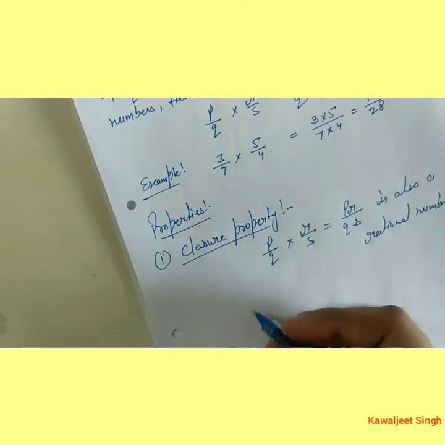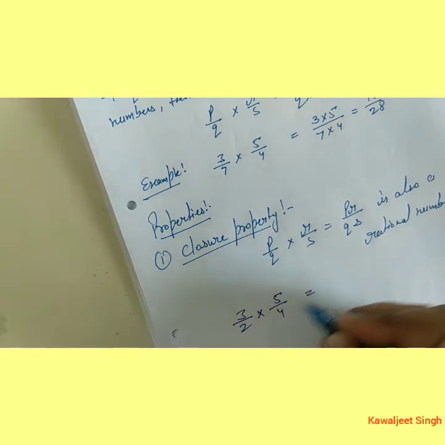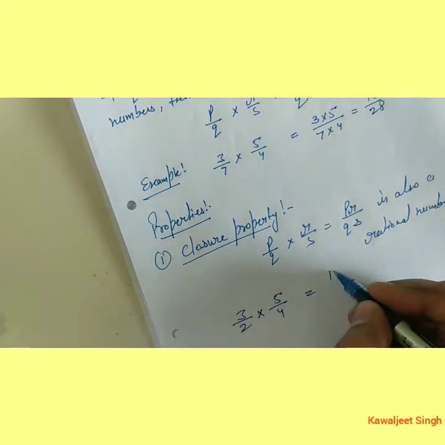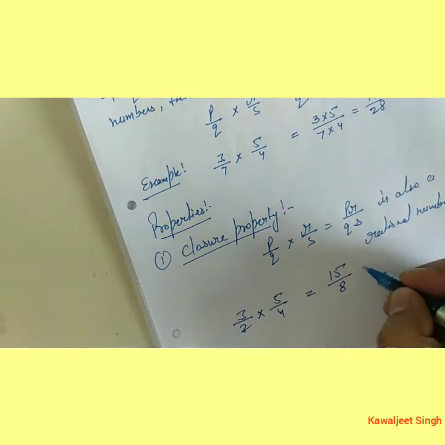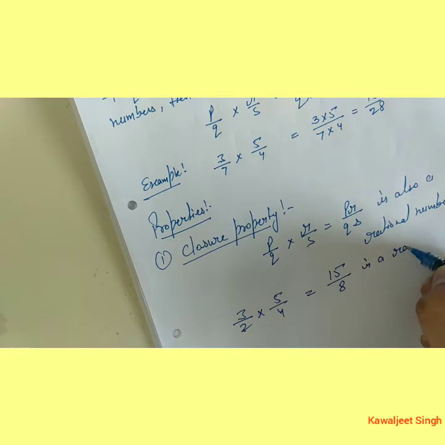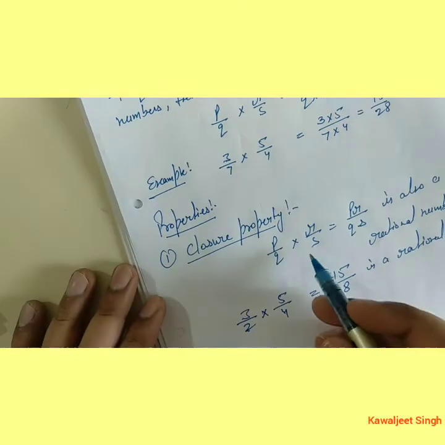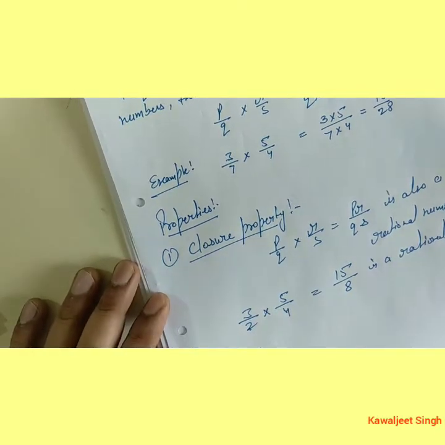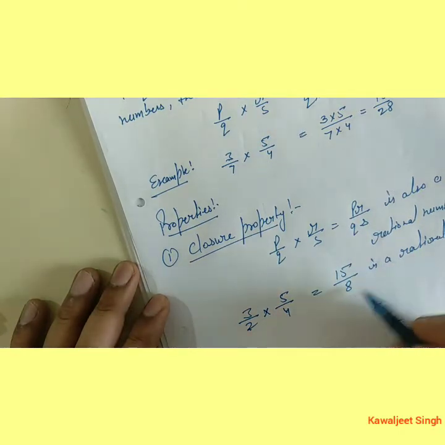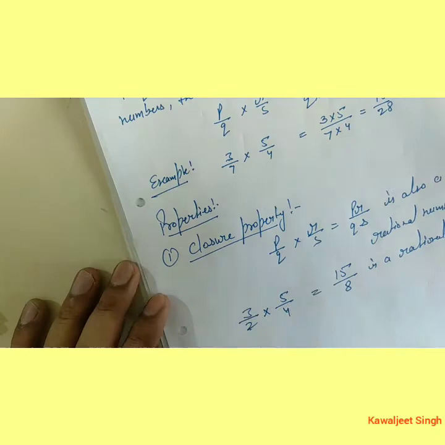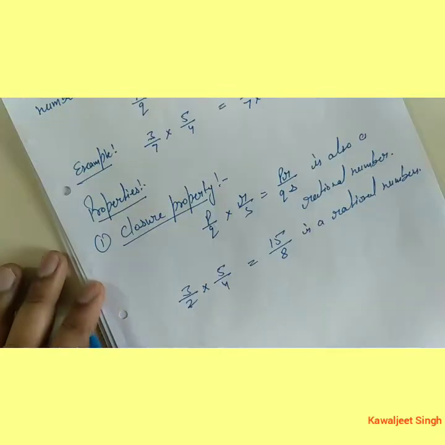For example, see here 3 by 2 into 5 by 4. Then product of both numerators, 3 5s are 15, over both denominators, 2 4s are 8, is also a rational number. In other words, if the product of two rational numbers gives an answer again in rational number form, then our closure property is satisfied here.